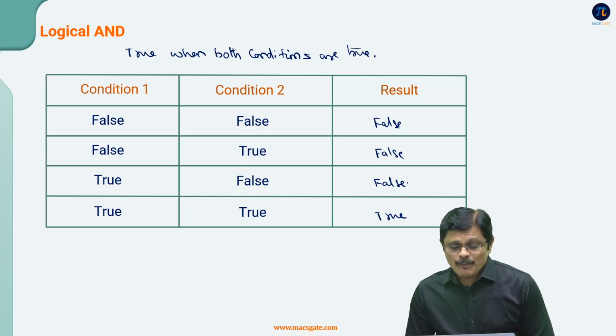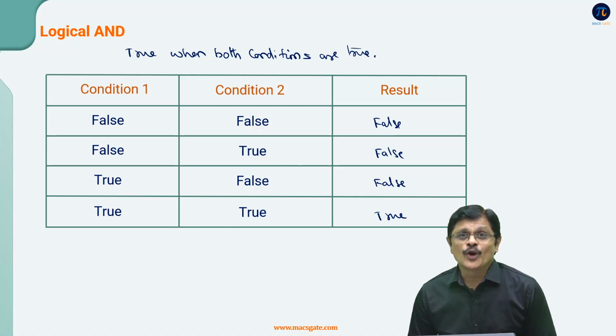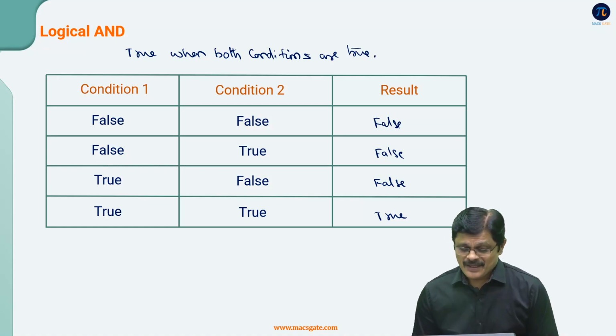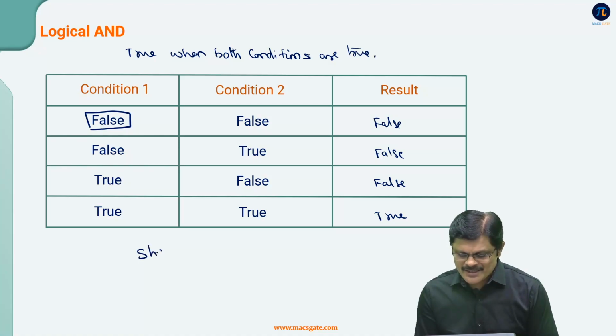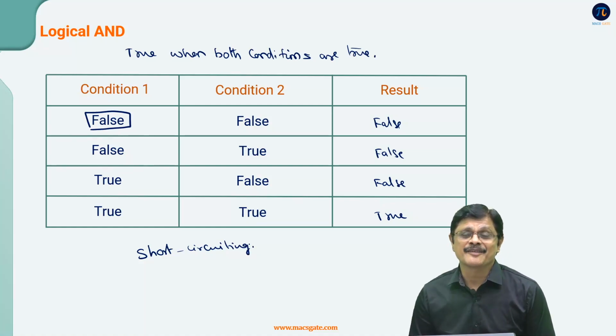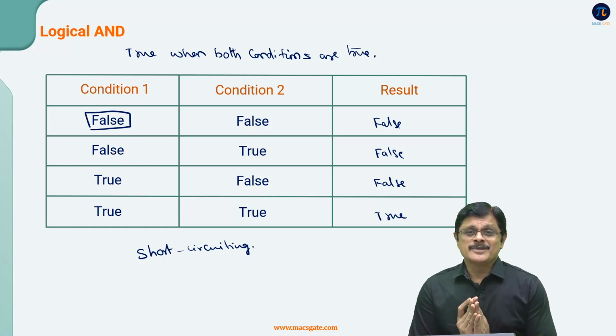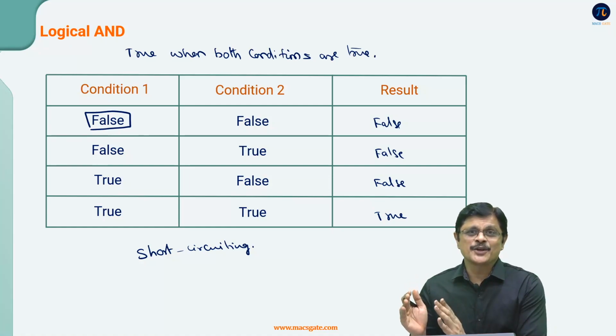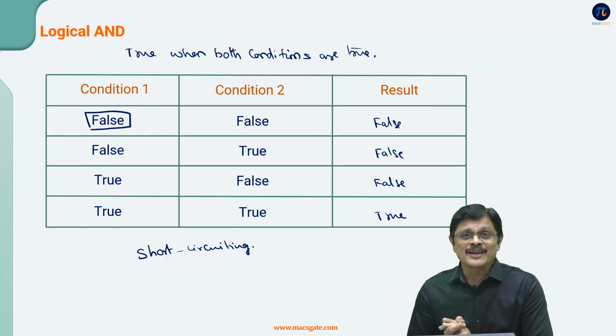And one important point to be noted about logical AND is, whenever the first condition is false, independent of the second condition, the result is false. So, here the short circuiting will happen. So, you have to be very careful. Sometimes in the second condition, you may keep some assignment values.